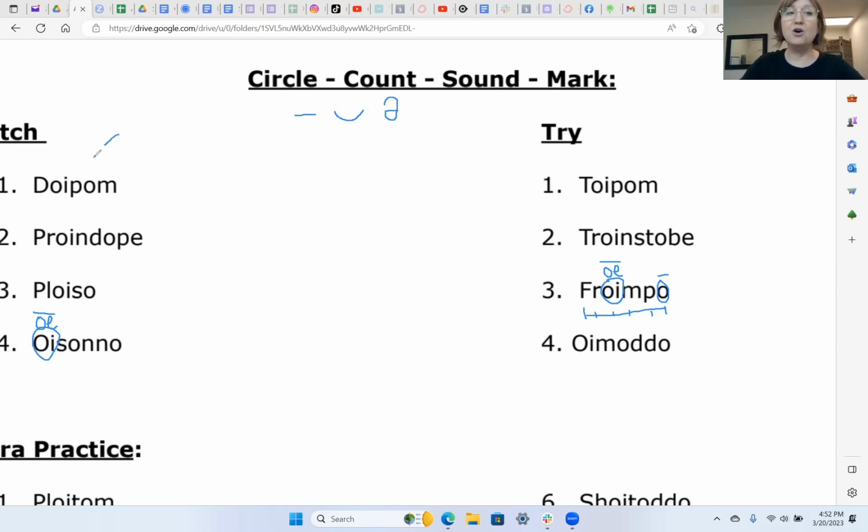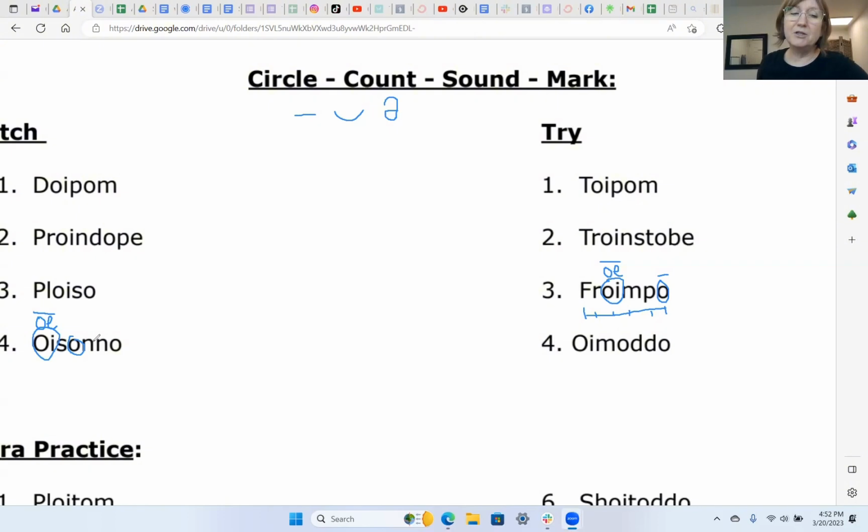In this lesson, the O is going to change to a schwa sound if it's almost to the end of a longer word. So when I mark this, I'm going to put that line over the OE because both of those say the long sound, OE. This O, I'm going to do the tap 2 rule on.